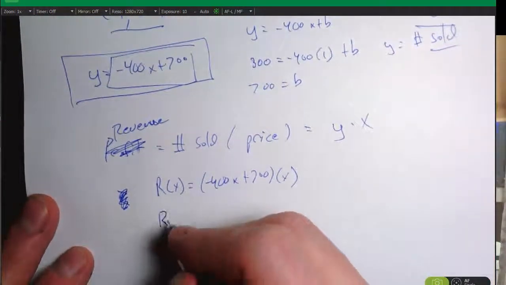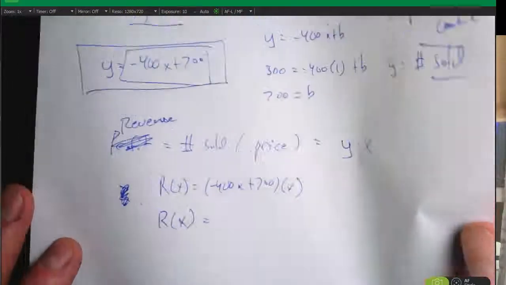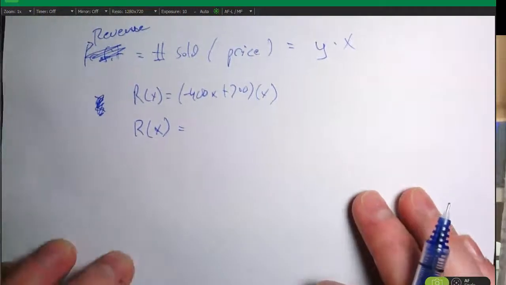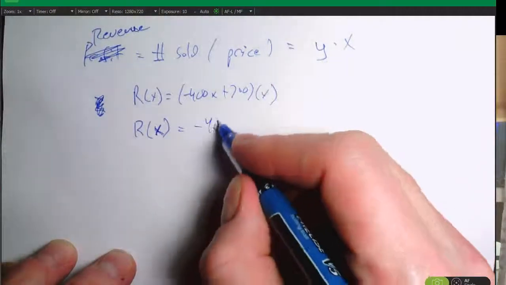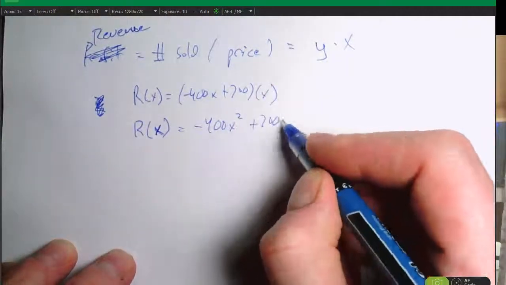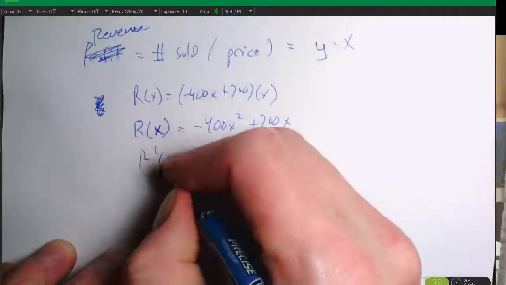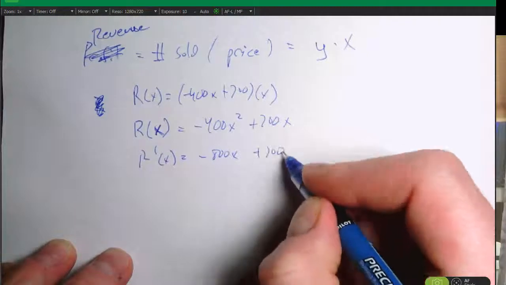Now, what I have to do is simplify this. I don't want to work this out with two variable values. So we'll have negative 400x squared plus 700x, and then we'll take our derivative. So negative 800x plus 700.